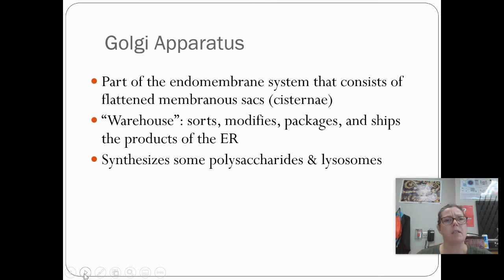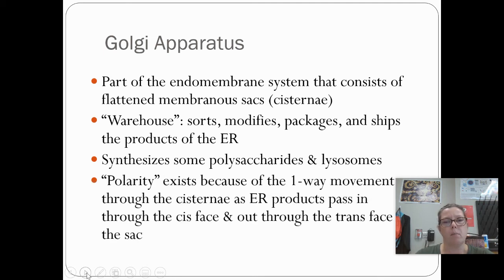It does some synthesis as well, but essentially the reason why this forms a system, even though these are two separate organelles, is that little tiny packages from the ER, called vesicles, can actually transfer themselves over to the Golgi, fuse with the Golgi, and then pass materials on to the Golgi. So the Golgi's function is sort of articulated with the ER's function.